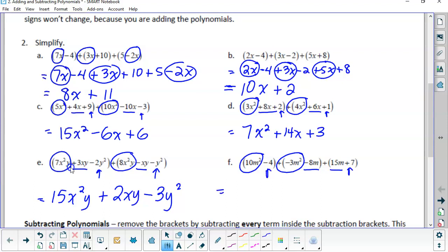So 10 minus, when you add a negative, it's like subtracting, so 10 minus 3 is 7. Then negative 8m plus 15m. You can do the constant next, but put it at the end, descending order of degree. So that's plus 7m, and then plus 3.